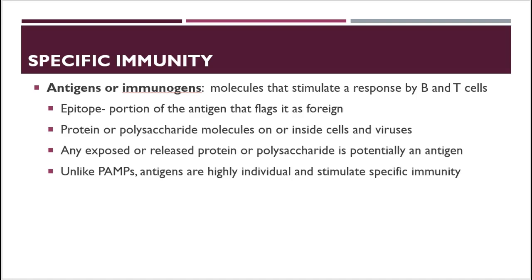And these can be proteins or polysaccharides that are on or inside cells, found on viruses. It can be any exposed or released protein or polysaccharide. And unlike the PAMPs that we talked about in chapter 12, antigens are very individual for each structure, and they're going to stimulate a very specific response from specific cells.